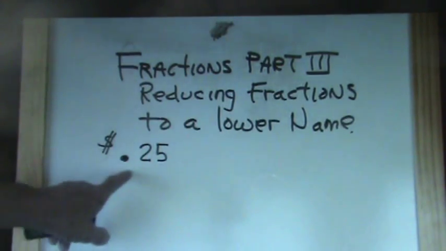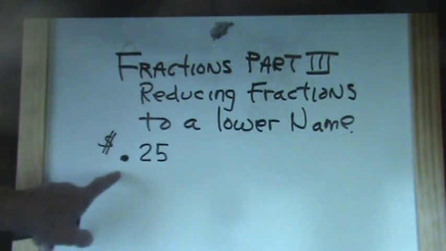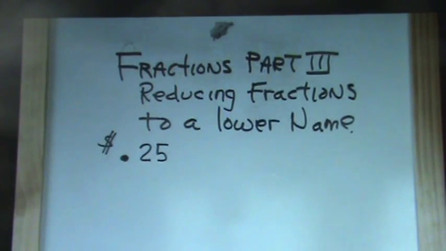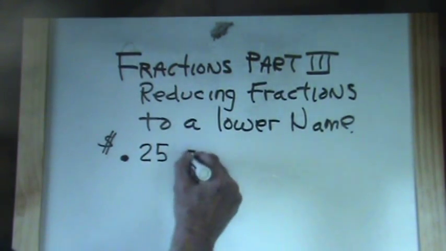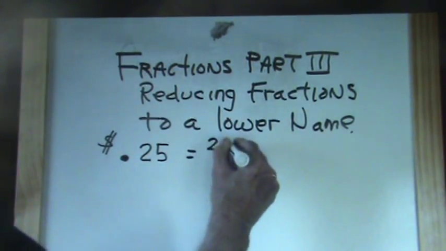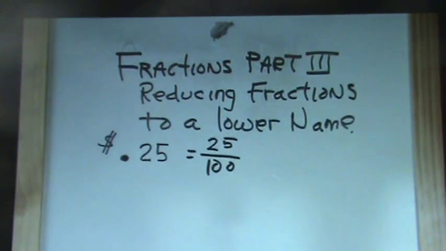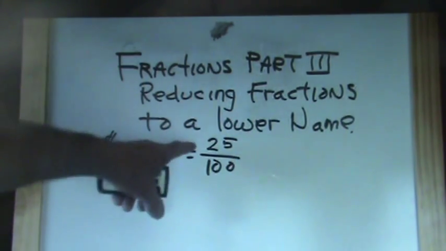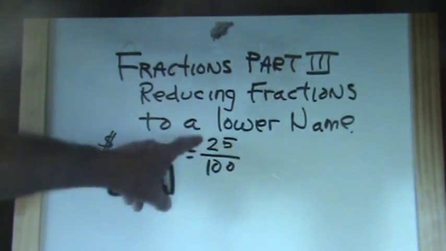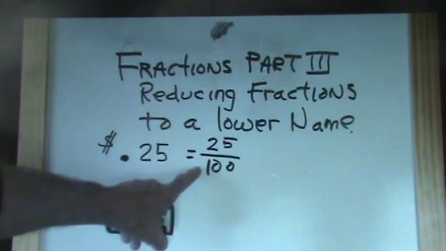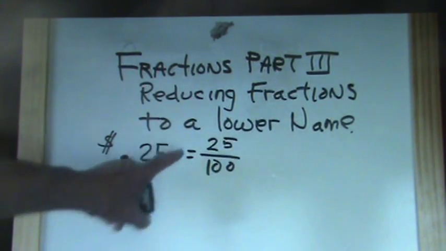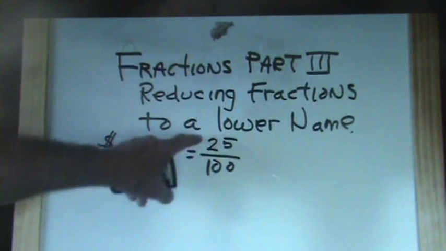Here we have 25 cents. Well, 25 cents is really 25 pennies out of $1. So 25 cents is 25 over 100 because there are 100 pennies in the whole and we're talking about 25 of them.